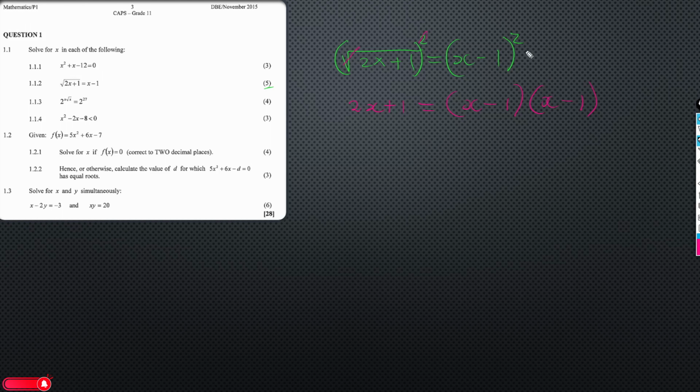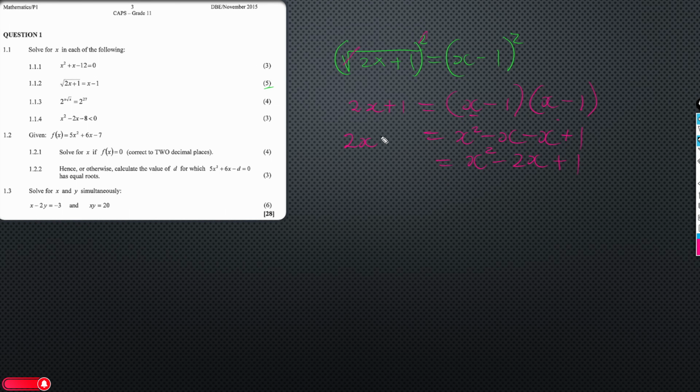I decided to expand this so that we can multiply it easily. x and x will give us x squared, x and negative 1 will give us negative x, negative 1 and x will give us negative x, and negative times negative 1 will give us positive 1, which equals x squared minus 2x plus 1.